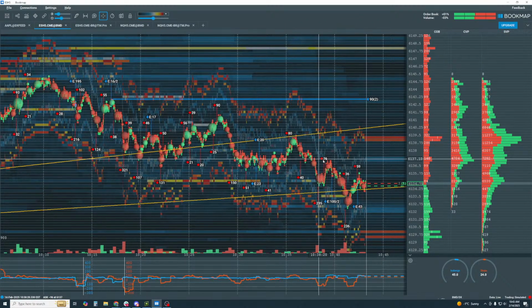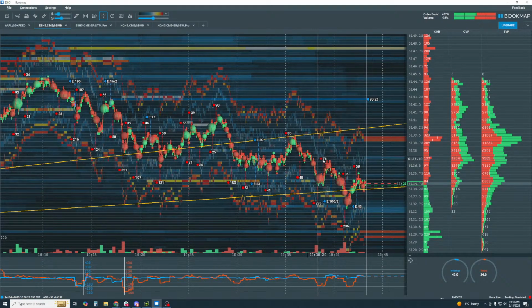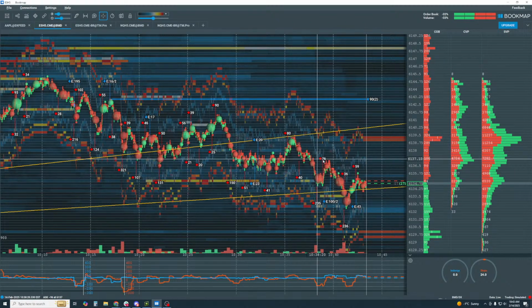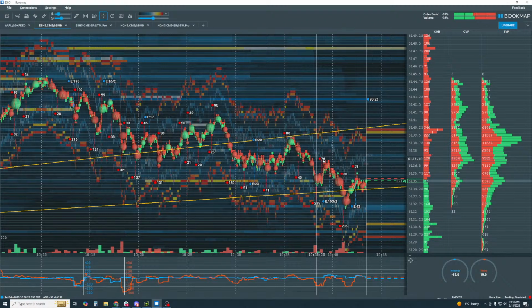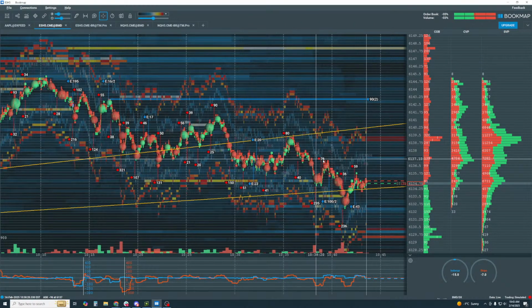Then you just look for that small structural area to work out, and maybe something like a measured move into high liquidity, or maybe it tags the VWAP or whatever it is. I know you're a VWAP trader.